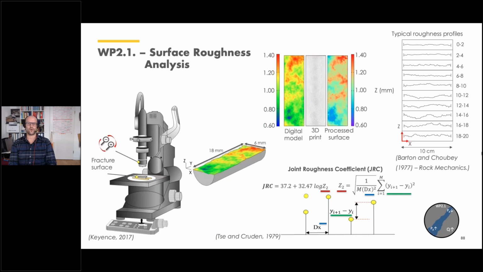So a low roughness is somewhere between 0 and 2, that is very close to a straight line, or you can have high roughnesses, a joint roughness coefficient of maybe 18 to 20, where the roughness is a very wiggling number. Next slide, please.